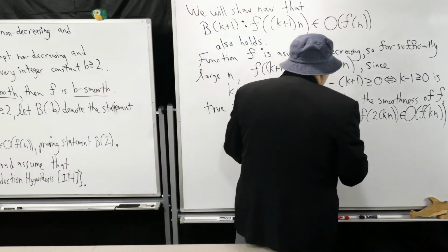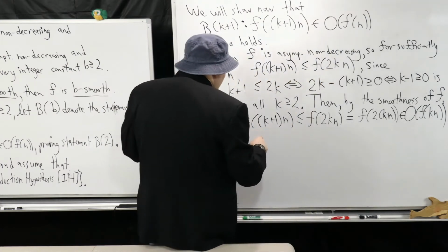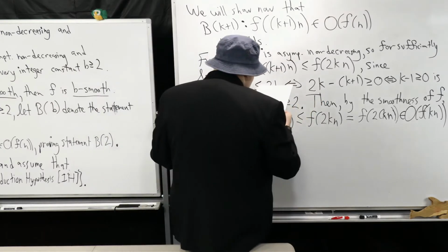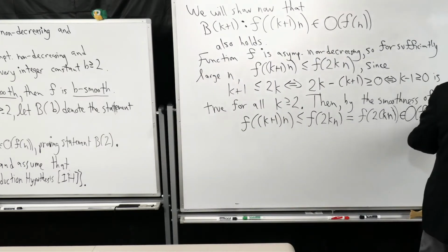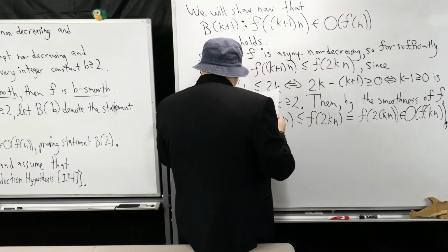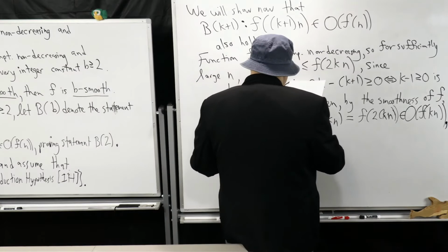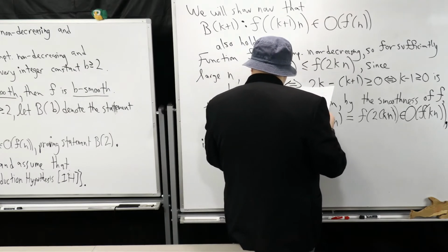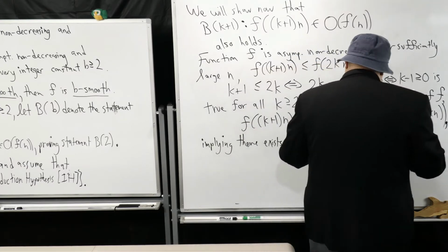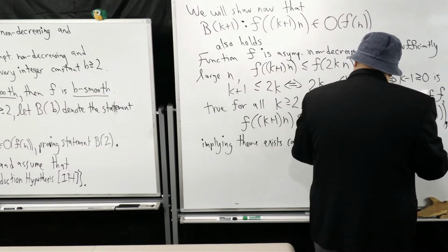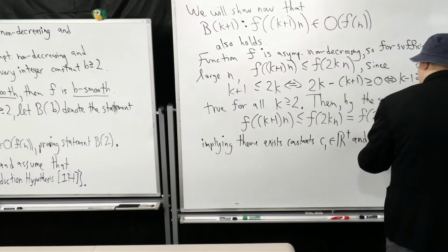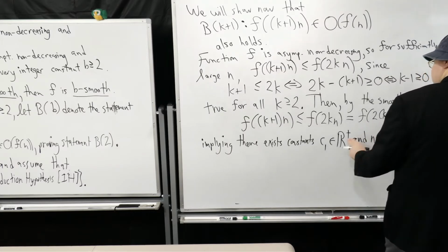So now, once I have that, you'll realize very quickly that all I really need to do is somehow connect this up with what's over there. So what does this whole chain I have going here mean? It's implying there exist constants C1, which is a positive real number, and N1, which is a positive integer.